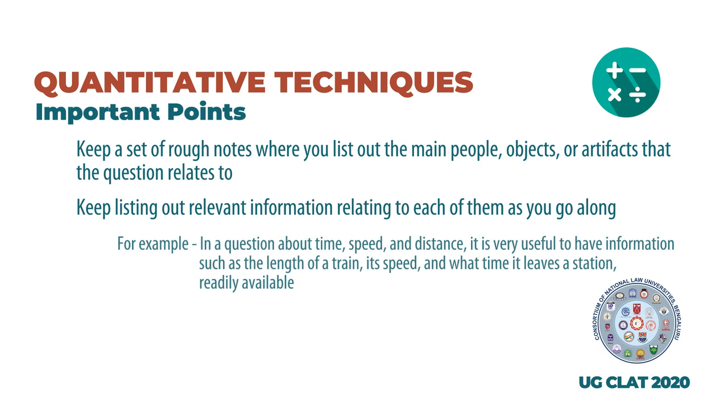For example, in a question about time, speed, and distance, it is very useful to have information such as the length of a train, its speed, and what time it leaves a station readily available. Not only will this save you time, it will also help avoid any mistakes in going back and forth across your notes to find some information that you had derived some time back.